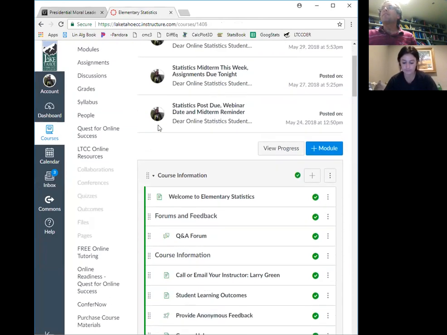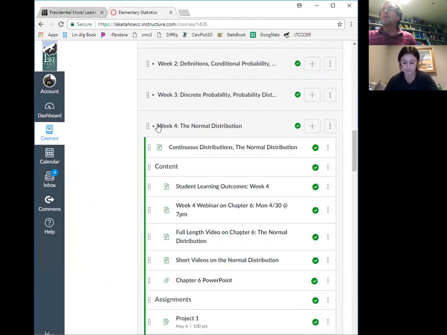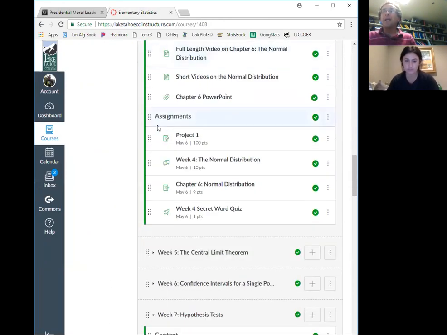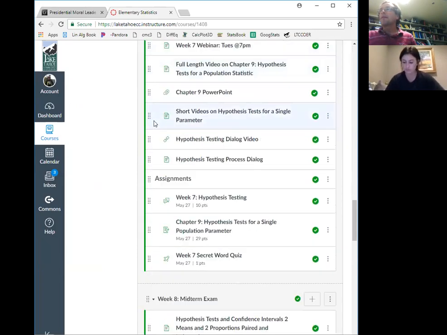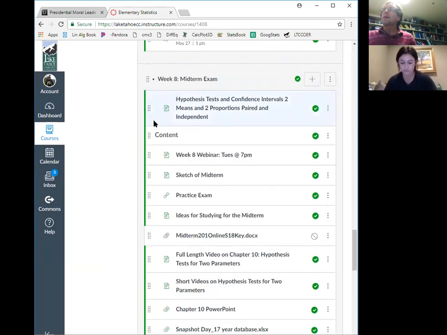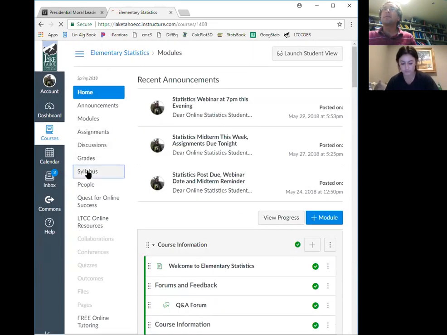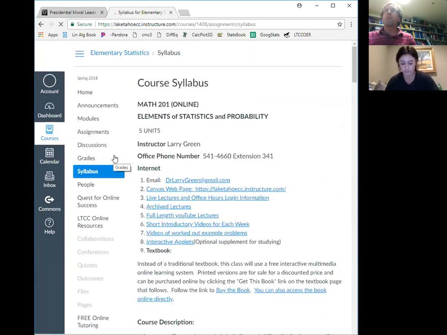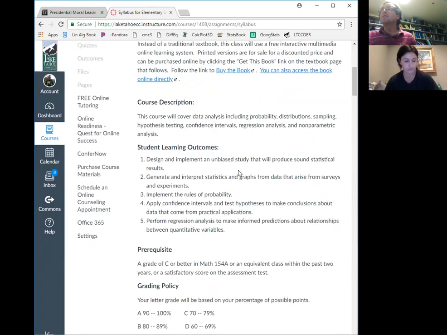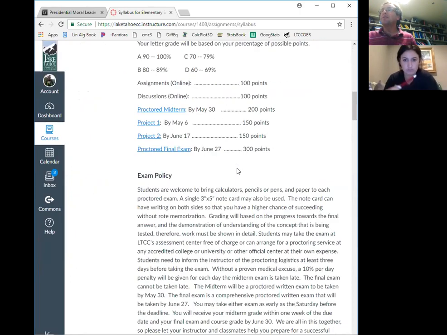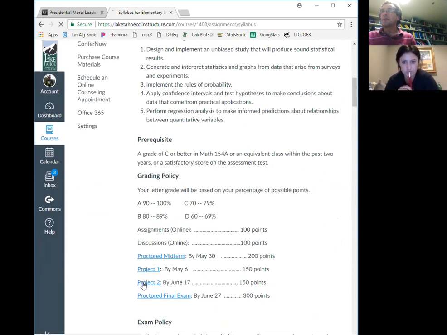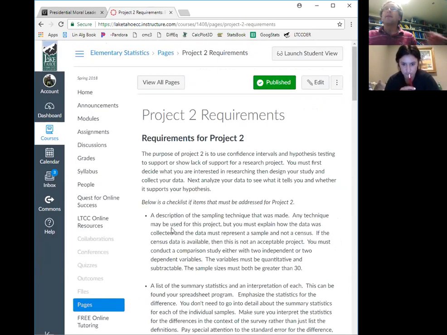So the first thing is this is just the homepage now of the class. And I guess the easiest way is to go to the syllabus. And then we're going to go to Project 2. And this is Project 2 requirements.